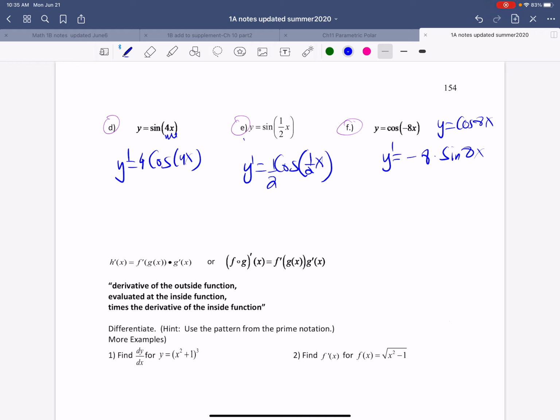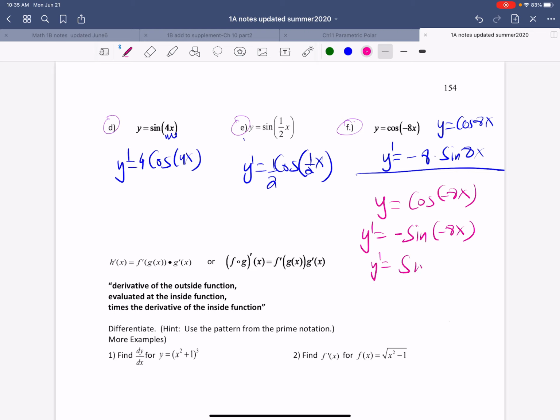If you did not pull the negative out, if you want to look at it as y is equal to cosine of negative 8x, then derivative of cosine x is negative sine x. That is correct. So if you leave it like that, then derivative of cosine is negative sine of negative 8x, and sine is an odd function.